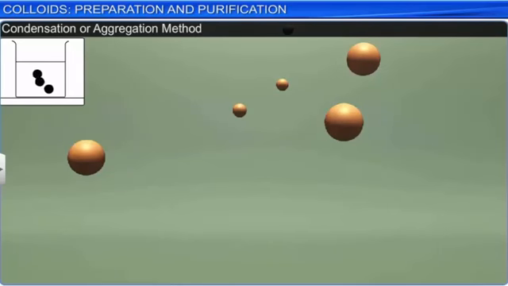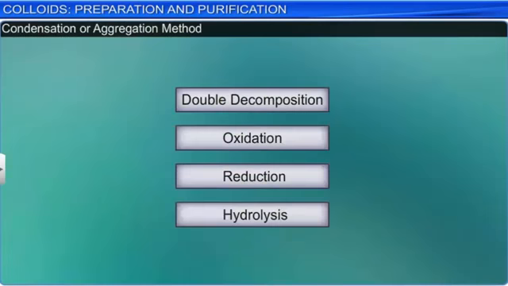The colloidal solutions are obtained by certain chemical reactions, namely double decomposition, oxidation, reduction, and hydrolysis. Let us now discuss some typical reactions for the preparation of sols.